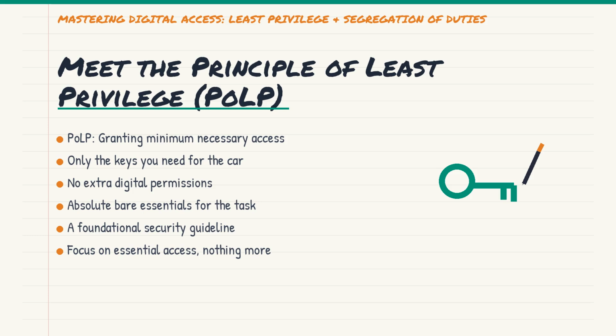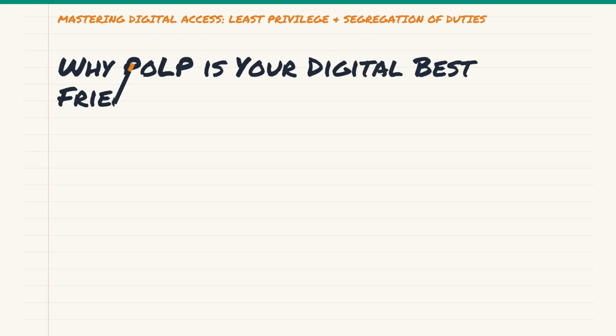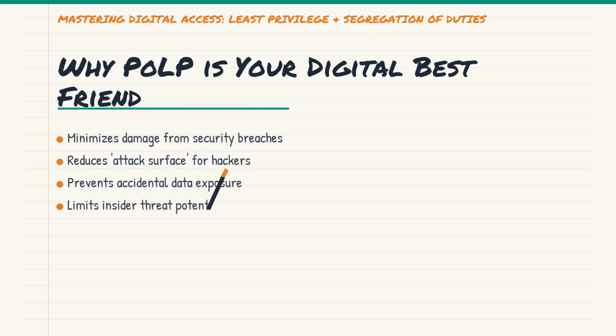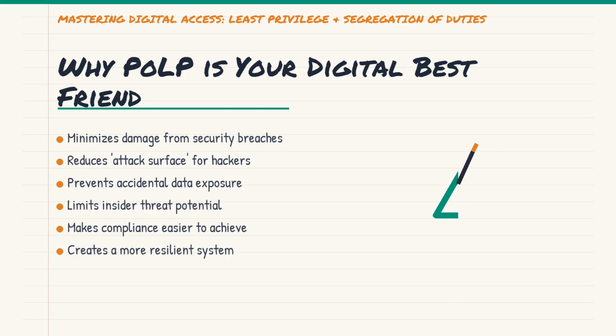Simple, right? So, why is this least privilege idea such a big deal? Imagine if your friend accidentally gave you their master house key along with the car key. What if you lost that entire ring? Now someone could get into their house. The same applies digitally.